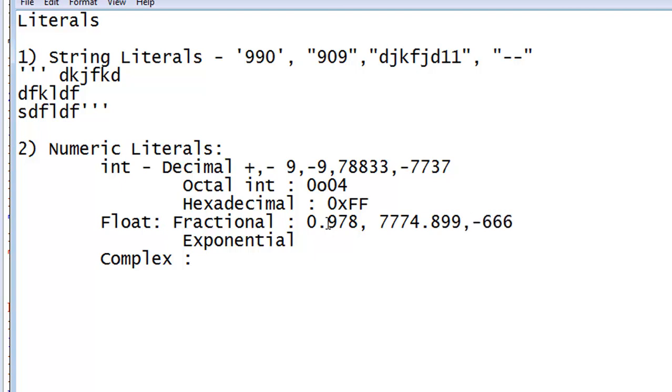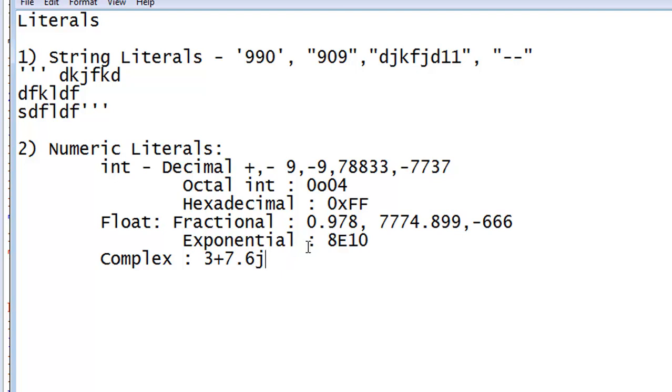And for exponential values, you can write the values in exponential form, let's say like 8e10. So 8 multiplied by 10 to the power 10, right? And a complex number has two parts, that is 3 plus, let's say, 7.2j. So we have a real part, that is 3, and 7.2 is the imaginary part.